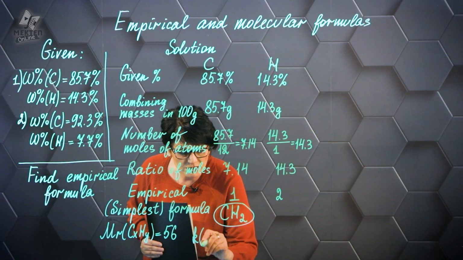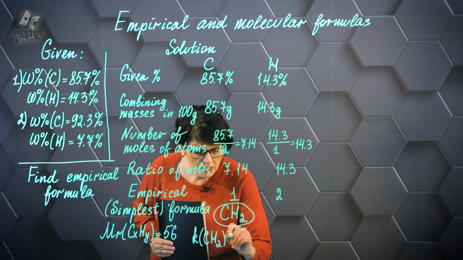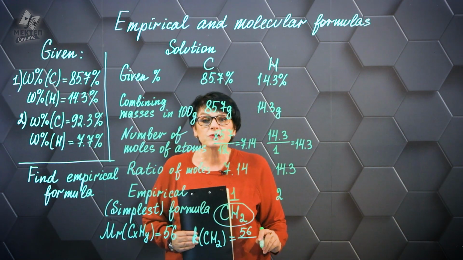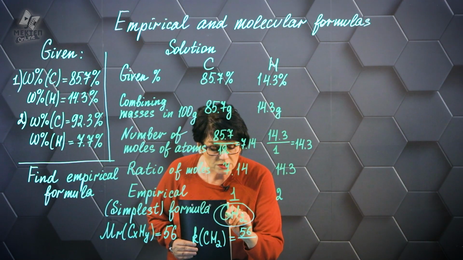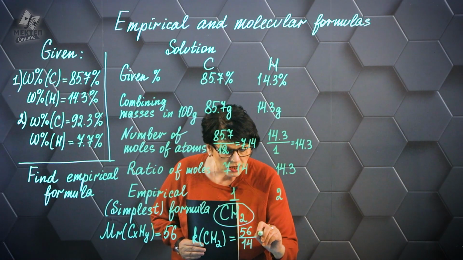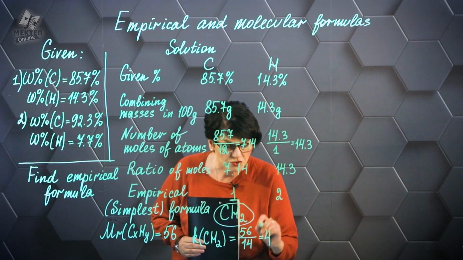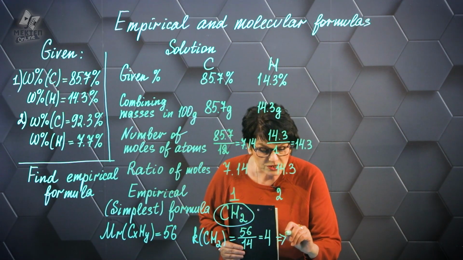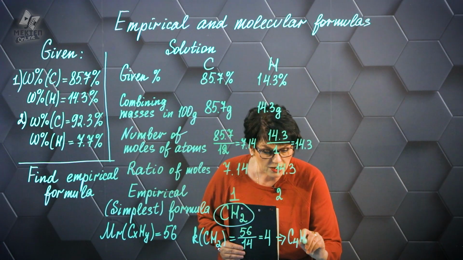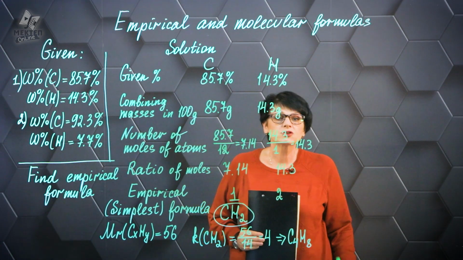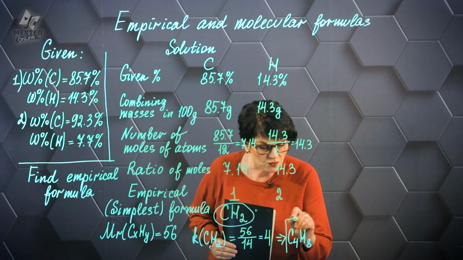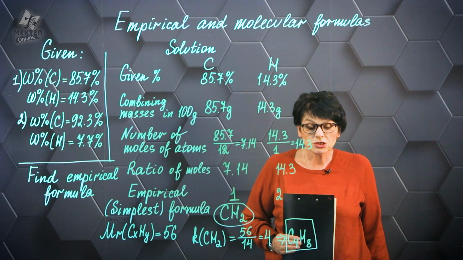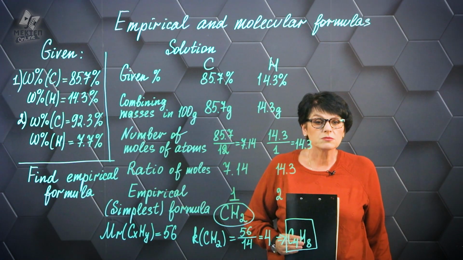Then we would find the proportionality coefficient: we need to divide 56 by the mass of the simplest group, which weighs 12 plus 2, that is 14. Thus, in this case, there are 4 such groups. And then the molecular formula of this substance would be C4H8. But then it would no longer be an empirical formula, but a molecular formula. Such a substance exists. It could be an organic compound, for example, cyclobutane or butene.